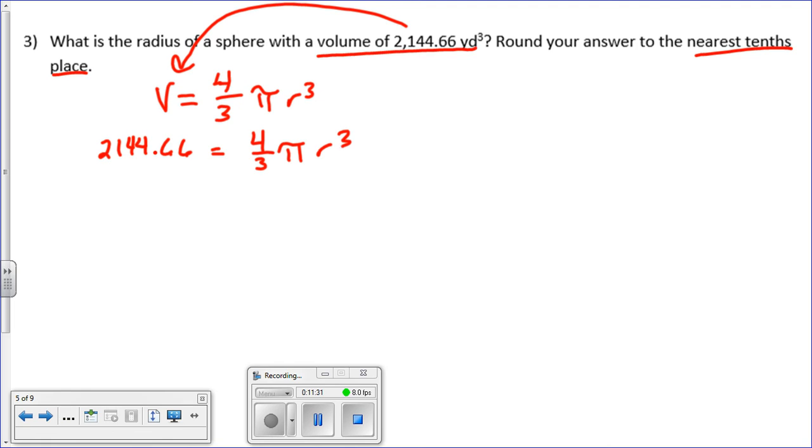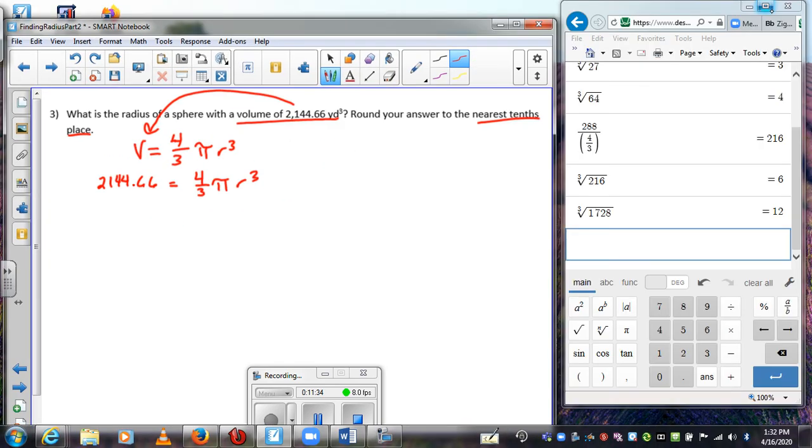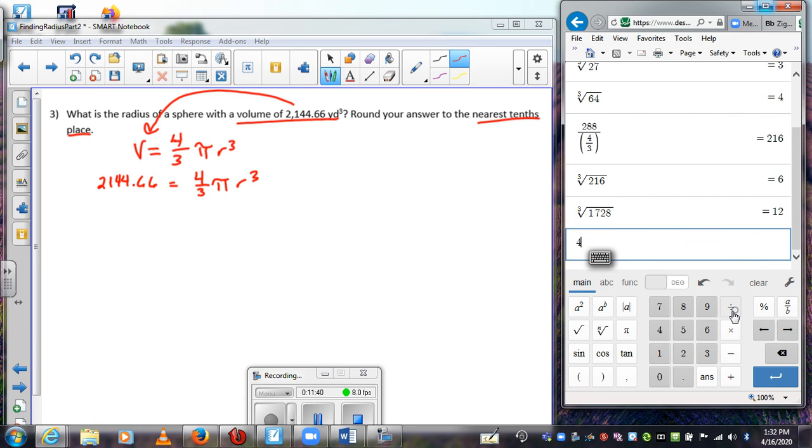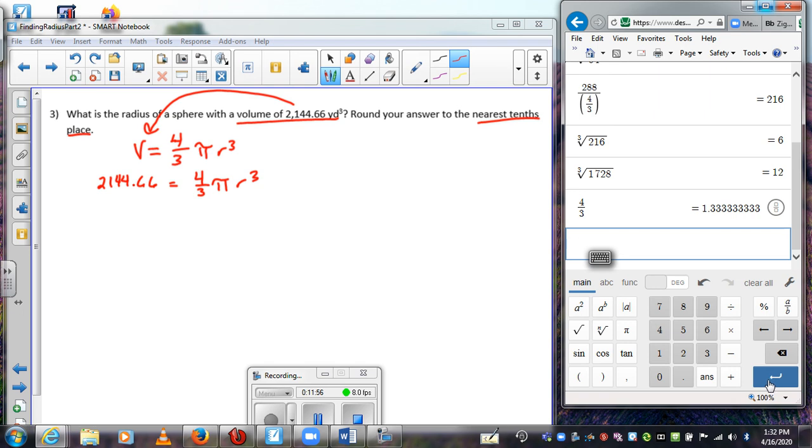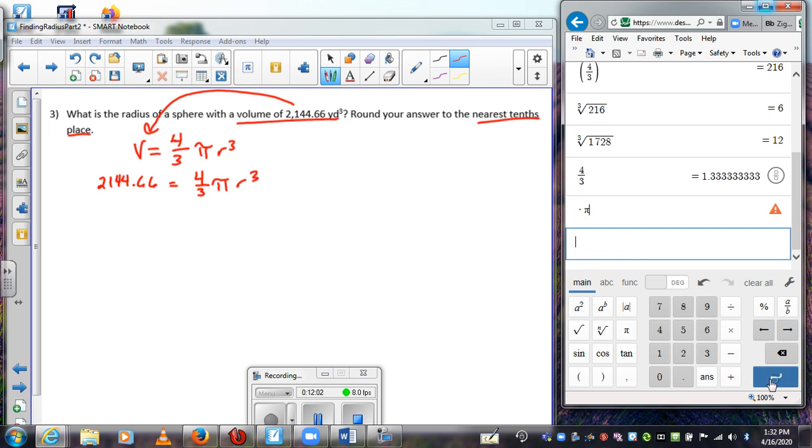Now I think what I'm going to do here is get a decimal value for 4/3 pi. So I think I'll do 4 divided by 3. I'm going to hit enter, and now I'm going to multiply that, whoops, where did my 3 go? Let me try this again here.